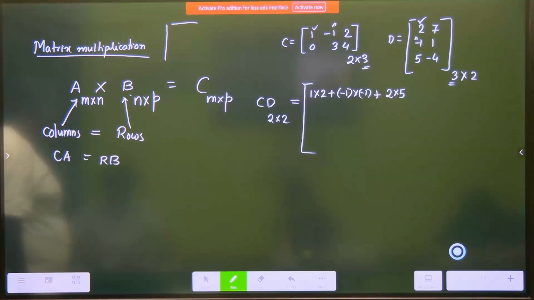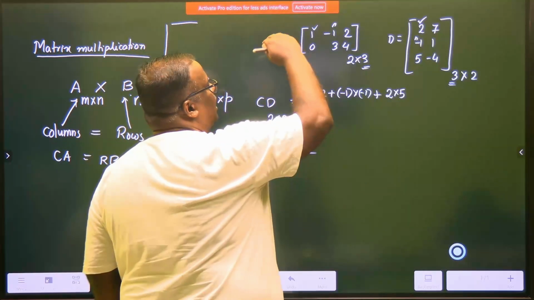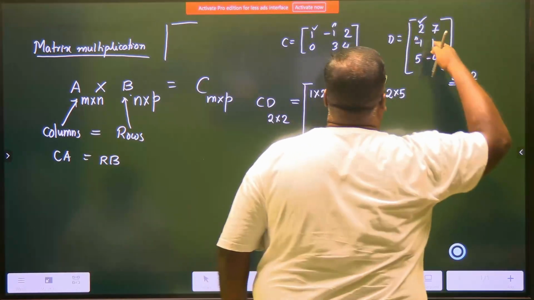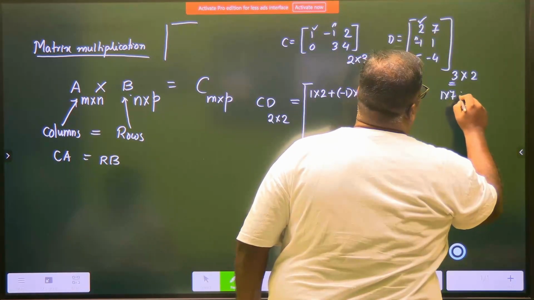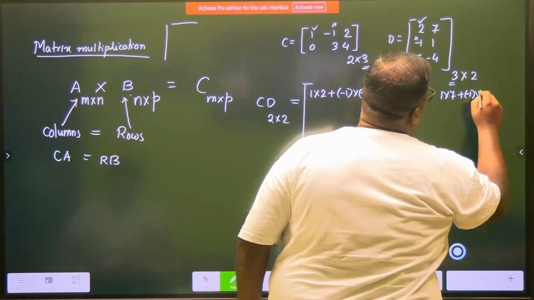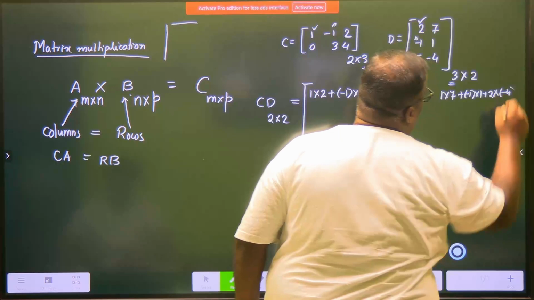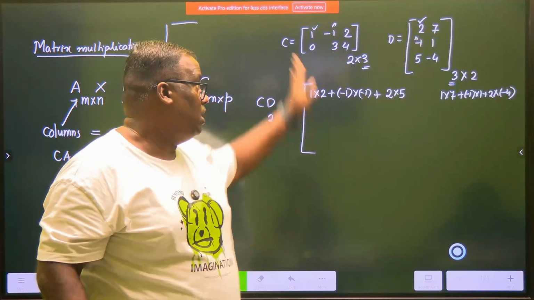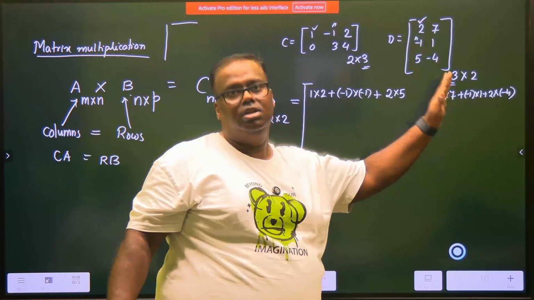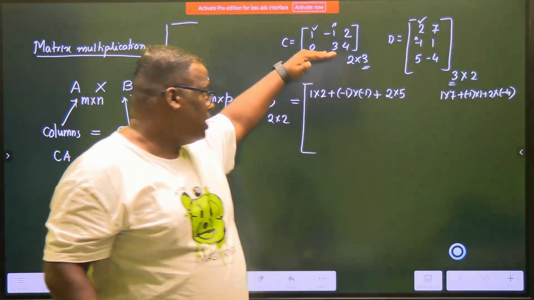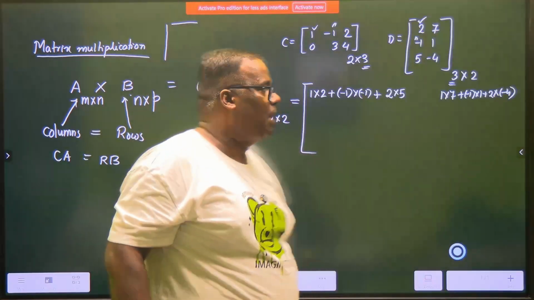Agreed, children? I have to get a 2 cross 2. So the next one would be, I take this and I kill this row. So it will be 1 multiplied by 7 plus -1 with 1 and 2 with -4. So look, my first row has played with both the columns. Job done. Now my second row starts playing with the columns. I have to get a 2 by 2 matrix.